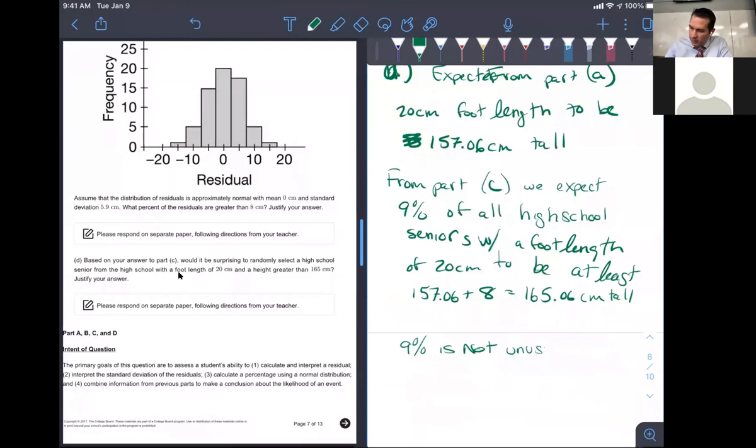Here's another way of thinking about it. If that was your p-value, if your p-value was 0.09, would you say that's unusual or surprising?